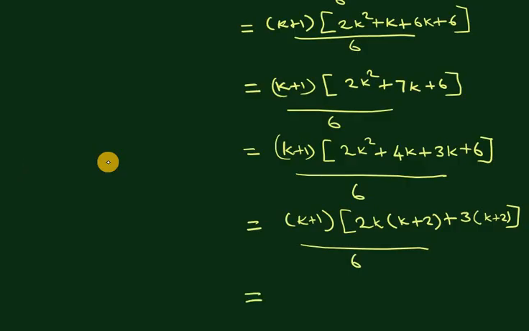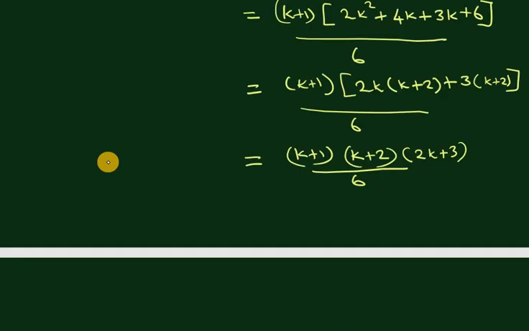It can be written in the form of k plus 1 into, both having a common factor k plus 2 that should be taken out. What remains is 2k plus 3, whole divided by 6.